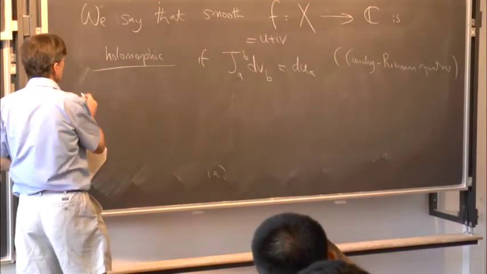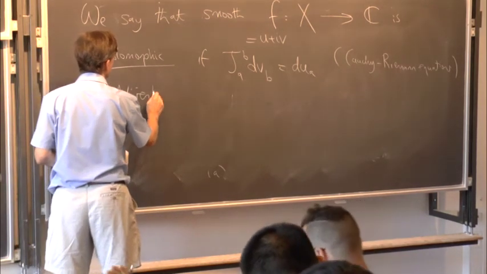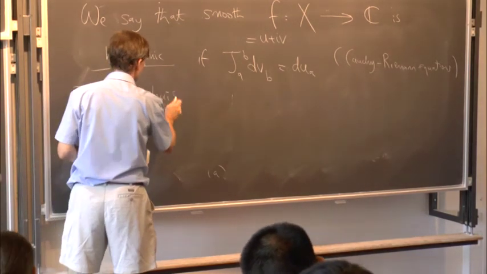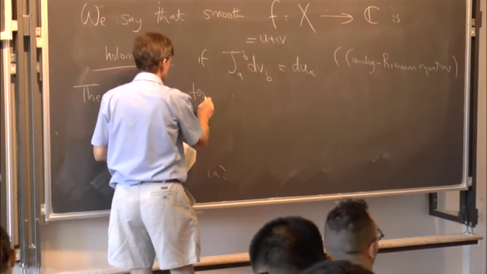Okay, so there's something called the Nijenhuis tensor. You guys probably know how to pronounce Nijenhuis better than I do, because I think he's Nordic.